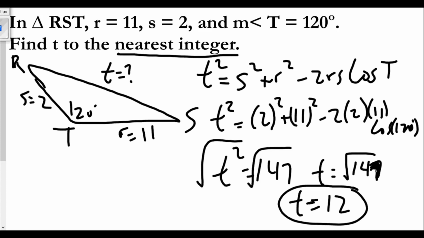Okay? All right. So now we have seen in this case, well, how do we use this? How do we find our missing side? If we have a side-angle-side situation, we're going to be able to use our law of cosines, okay, to find our missing side.